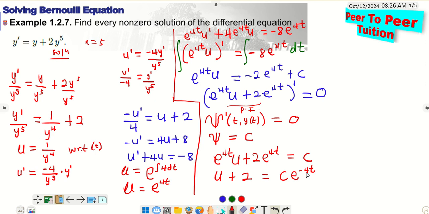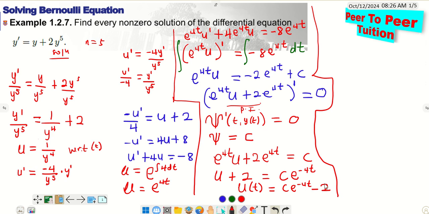So that is it. Then finally, my u of t will be given as C e^(negative 4t) minus 2. So that is the solution in terms of u.